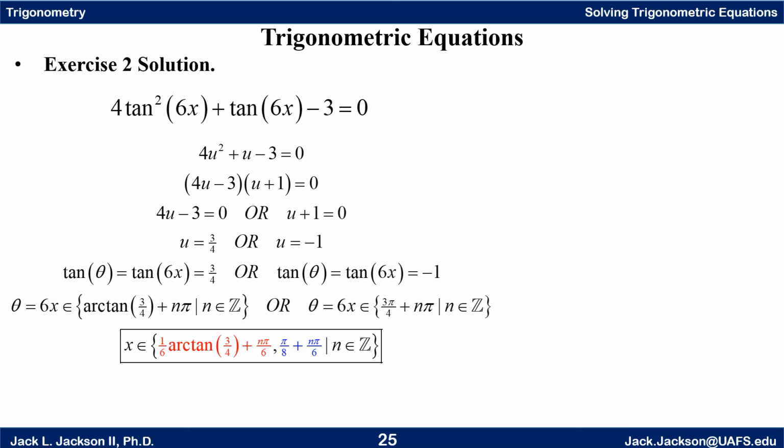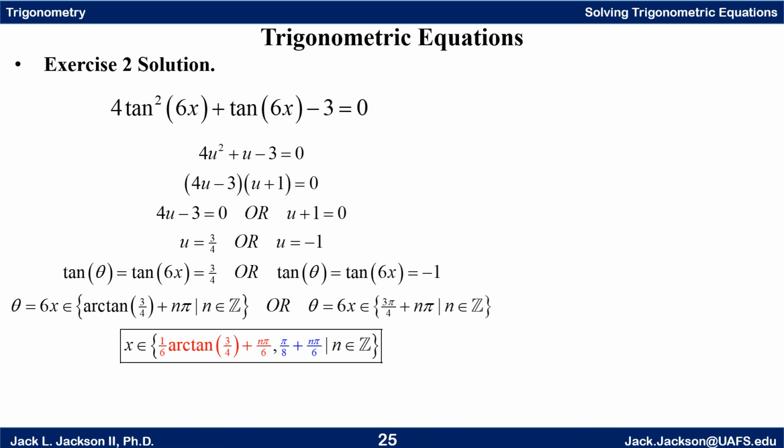So the only thing we can do is call it arctangent of 3/4. That gives you the solution in the first quadrant, and then you also have a solution in the third quadrant where you add pi to that or subtract pi from that. So theta, for those where tangent of theta is 3/4, is arctangent of 3/4 plus n pi. Or we can say tangent of theta is negative 1.